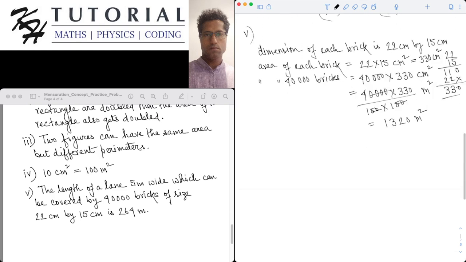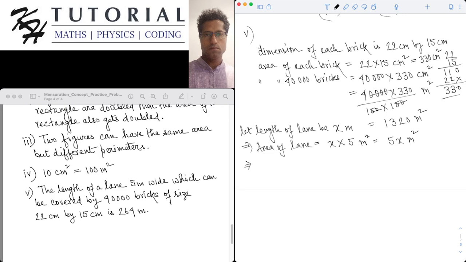Okay, so now let the length of the lane be x meter. So the area of the lane will be equal to x multiplied by the width, which is given to be 5, so this is 5x meter square. The area of the lane has to be equal to the area of the 40,000 bricks.